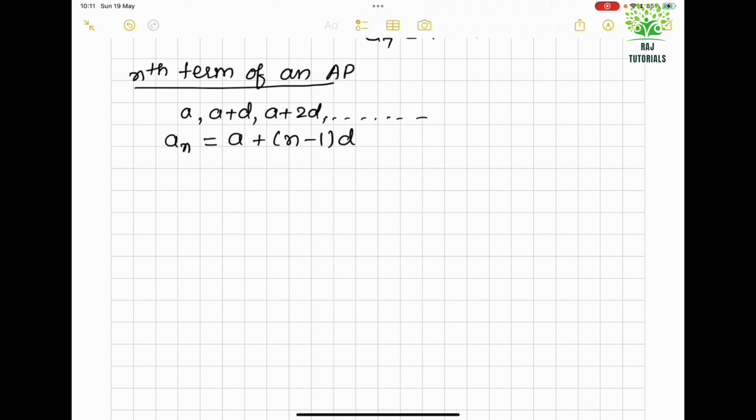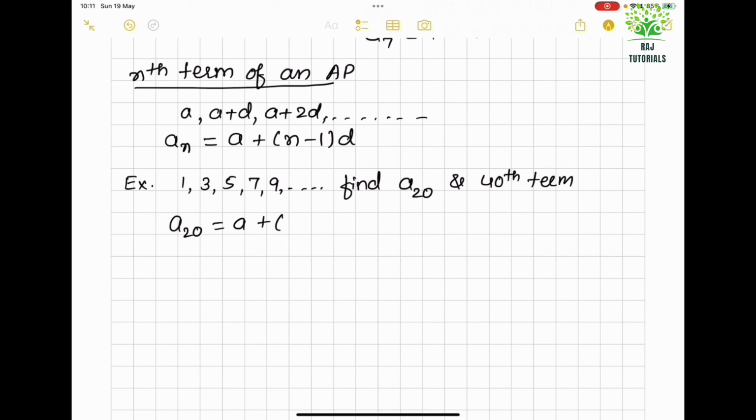Now let us see one example. Let us take the same example which we had taken, 1, 3, 5, 7, 9, like that it was. Now suppose he says, okay, find the 20th and 40th term. So A20 will be A plus 20 minus 1 into D. So that will be A is 1, D is 3 minus 1, 2.